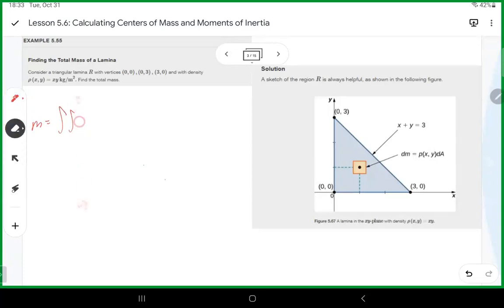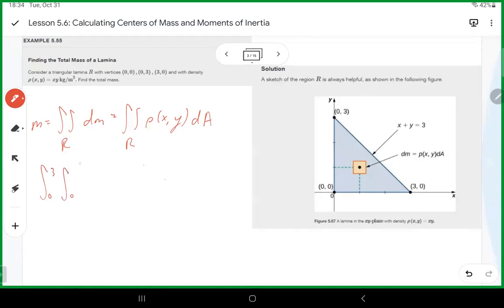Okay, so using the expression developed for the mass, we see that M equals the double integral of dm. Sorry, that's only one, I'm so used to us doing two or three. So from 0 to 3, 0 to 3 minus x, x, y, dy, dx.